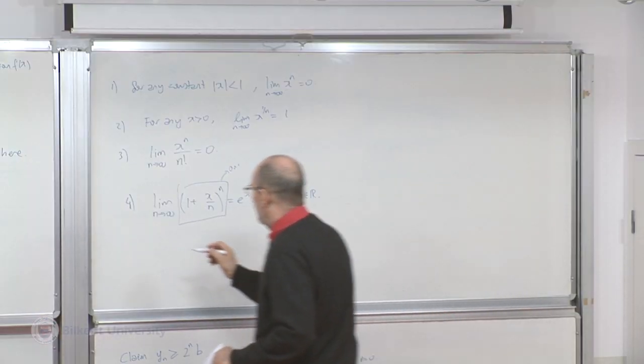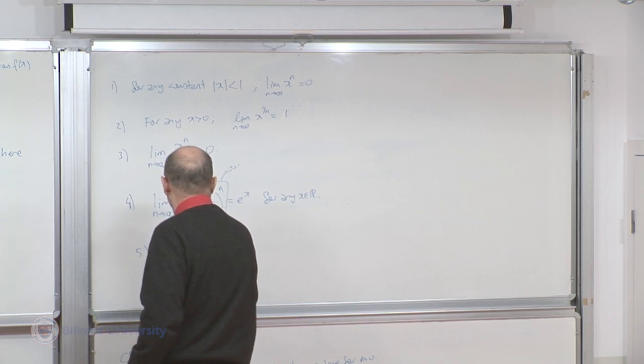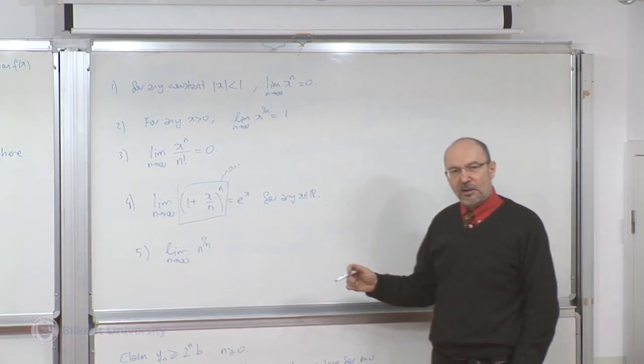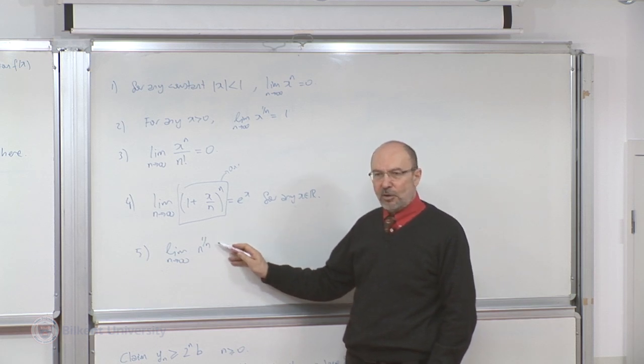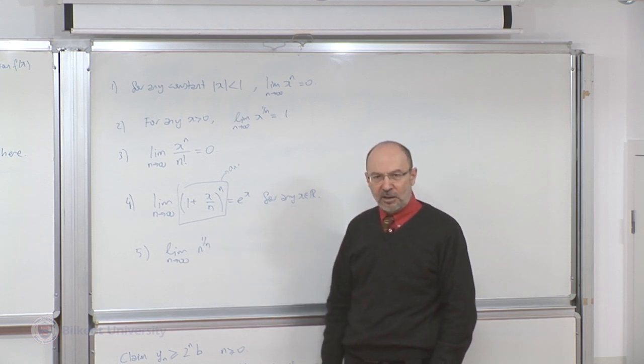And so this one also is very typical. The limit as n goes to infinity of n to the power 1 over n. This will show up very often. Now this is really tricky because the power goes to 0, so 0 power of anything is 1. But the base goes to infinity, so it says let's get larger and larger.